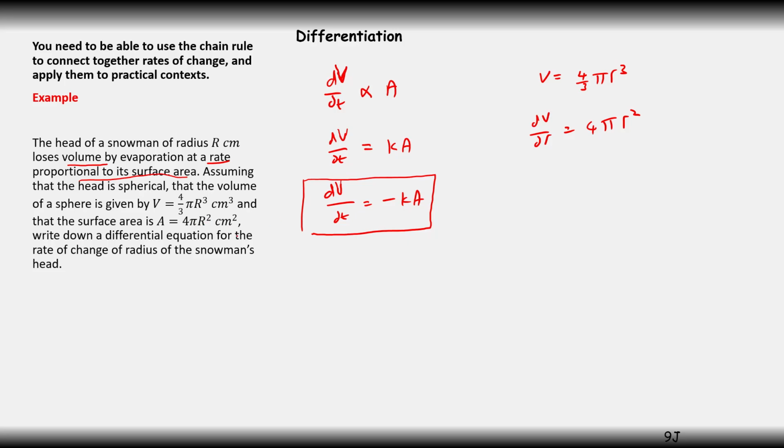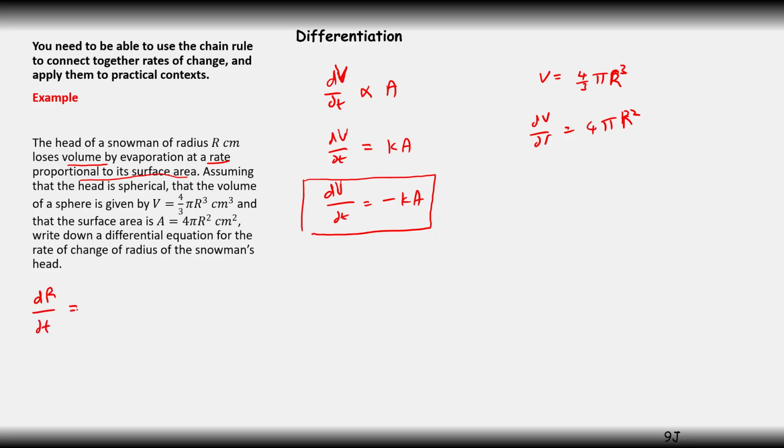Write down the differential equation for the rate of change of radius of the snowman's head. So the rate of change of the radius, r is capital here, I'm used to using a small r. So the differential equation we want is the rate of change of the radius, dr by dt.